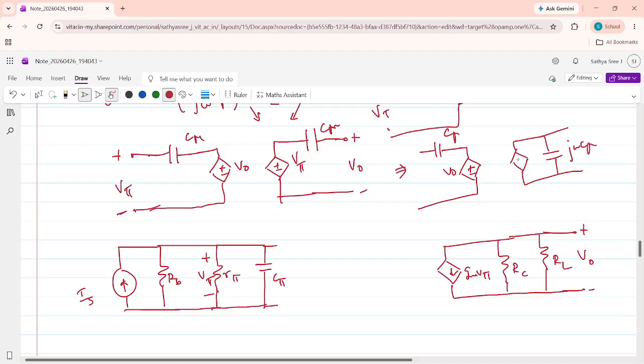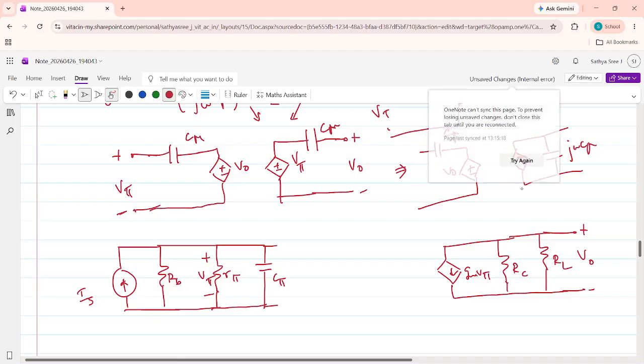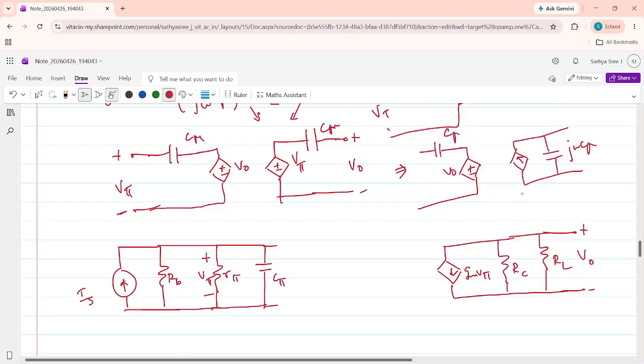So this current source is I equal to V pi divided by 1 divided by j omega C mu. Now instead of this C mu, I am going to replace this entire part.